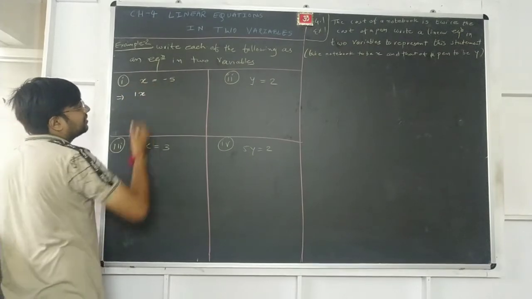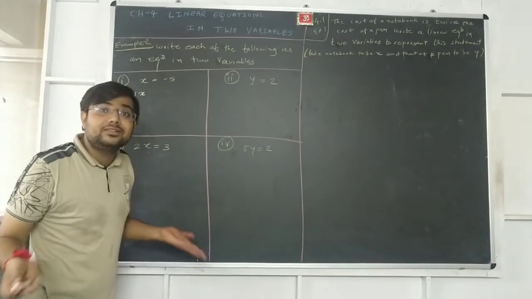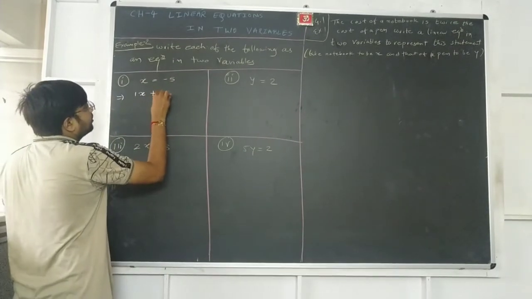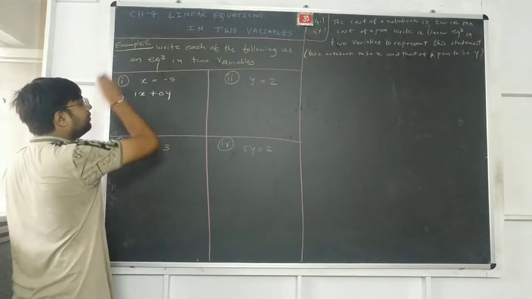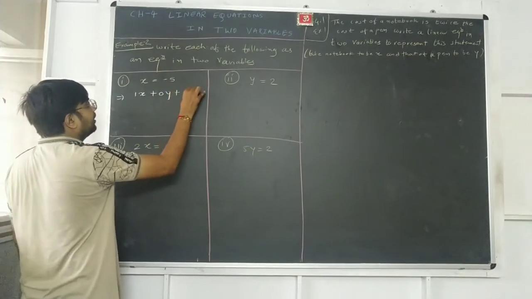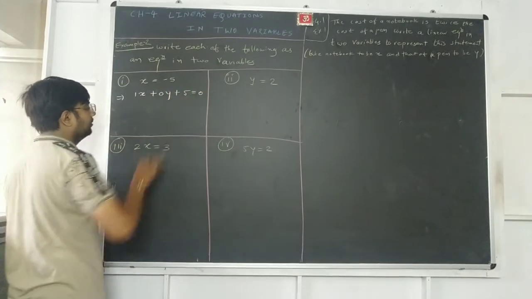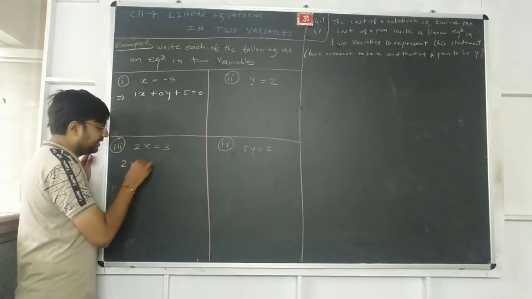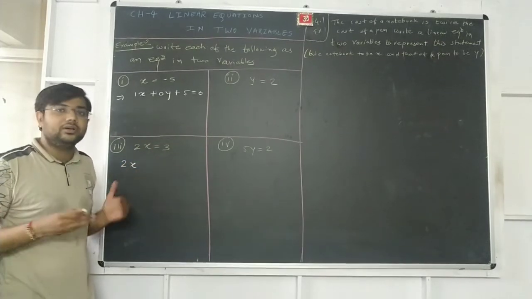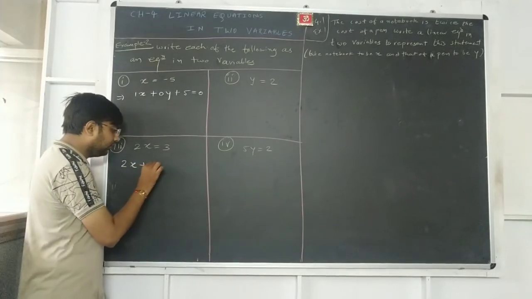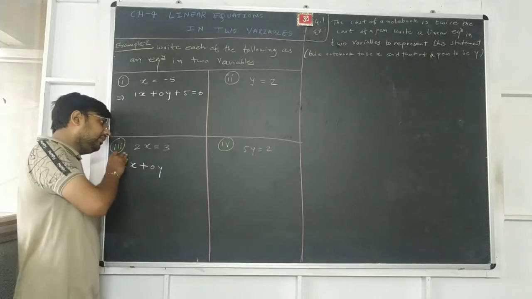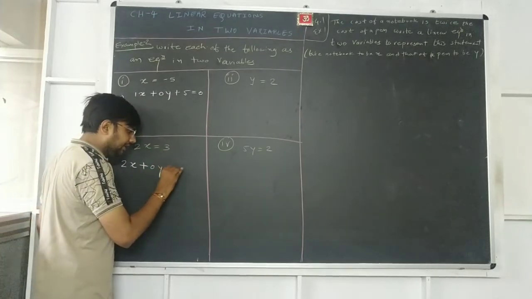1x plus, variable y is not here, so we put plus 0y, and here positive 5 is equal to 0. Here 2x is equal to 3, and 2 into x, variable y is not here, so plus 0y, 0 into y is 0, and 3 goes from right to left, so negative 3.